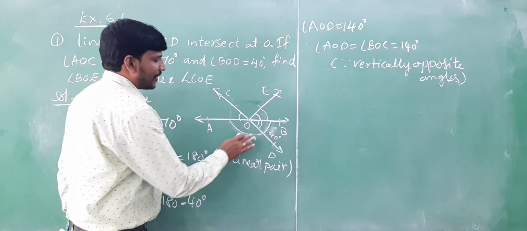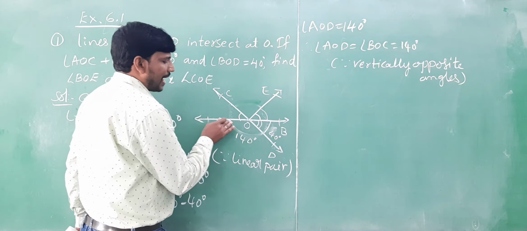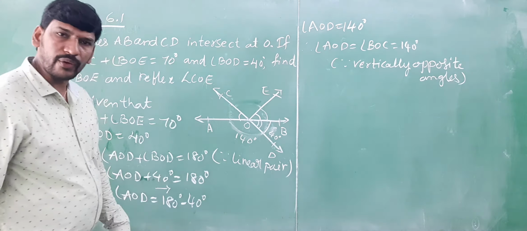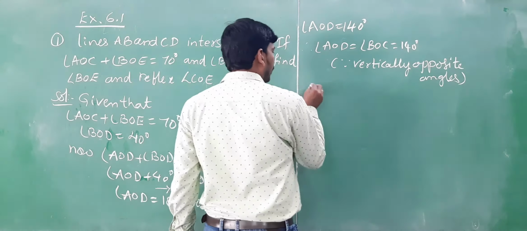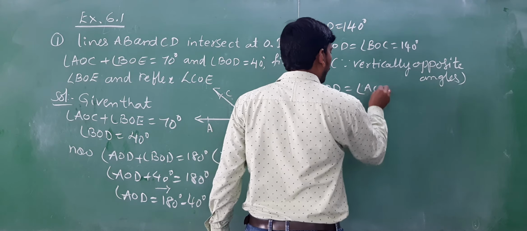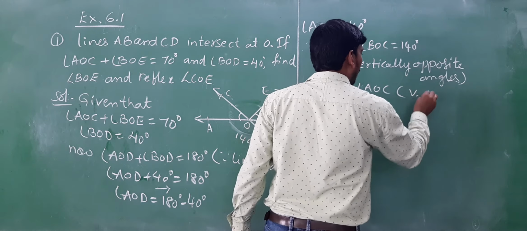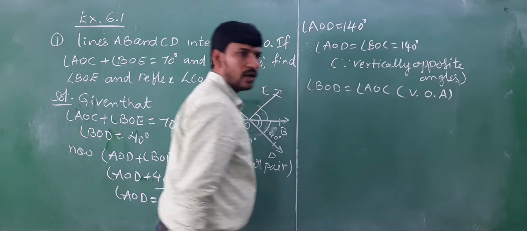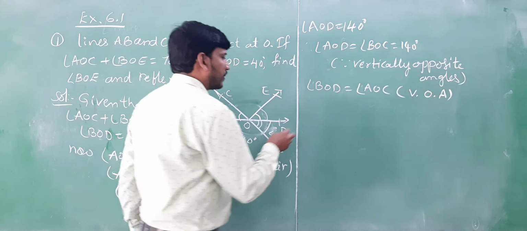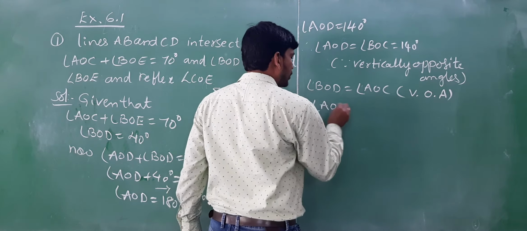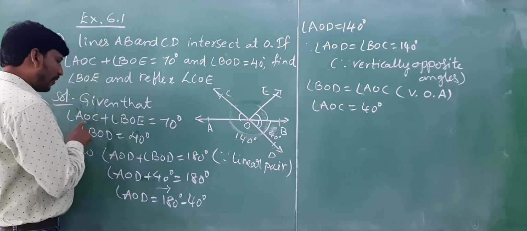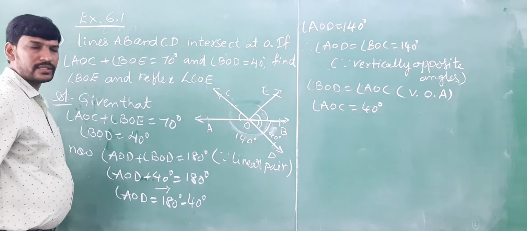And as well as here, if you observe, angle BOD is equal to angle AOC. Therefore angle BOD, which is equal to angle AOC, are vertically opposite angles. Already they gave angle BOD is 40 degrees. So angle AOC is equal to 40 degrees, but AOC plus BOE equal to 70 degrees.